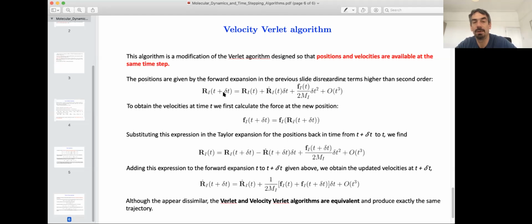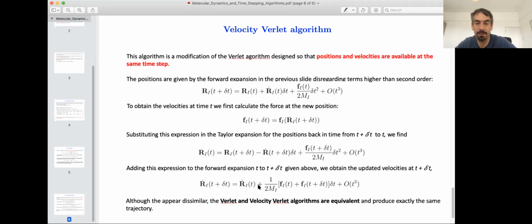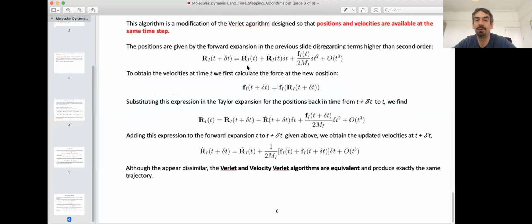So then you know where my nuclei are at t plus delta t, given I started at time t. Is this clear? Yeah, I think that makes sense.